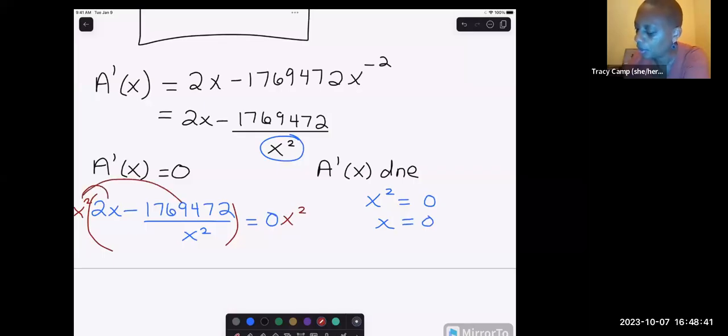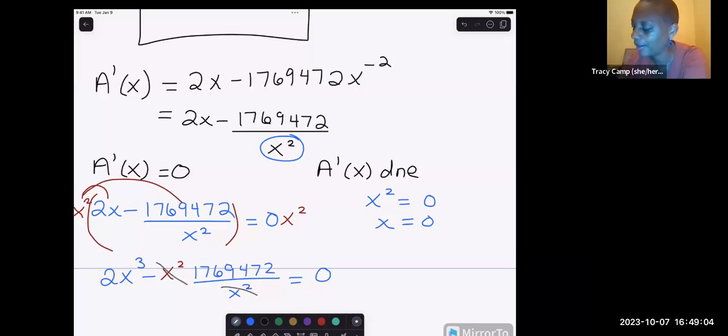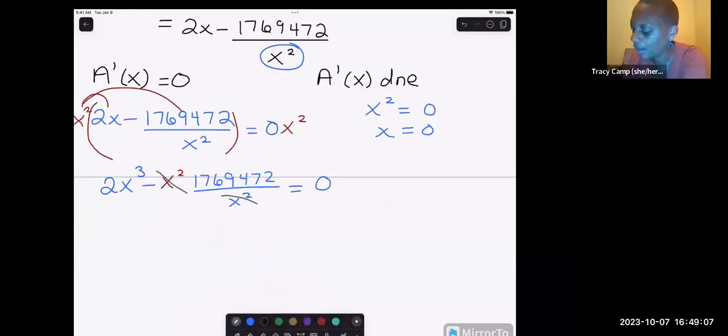And I end up with 2x cubed minus x squared times this 1,769,472 over x squared equals 0. So these cancel. That's why we multiply by the denominator, to cancel it out. And so we end up with just 2x cubed minus 1,769,472. And then I'll just add this to both sides.